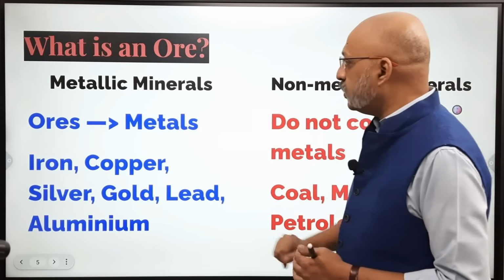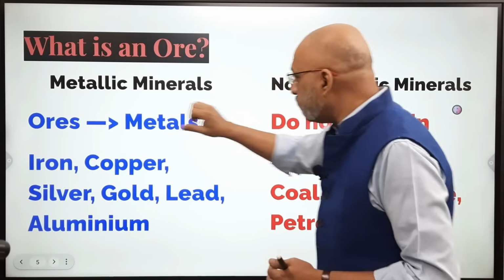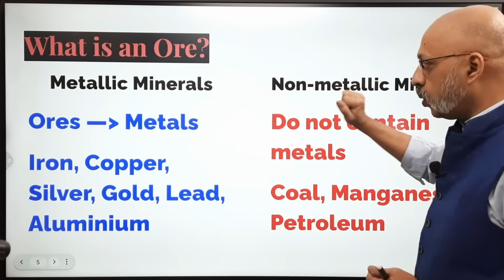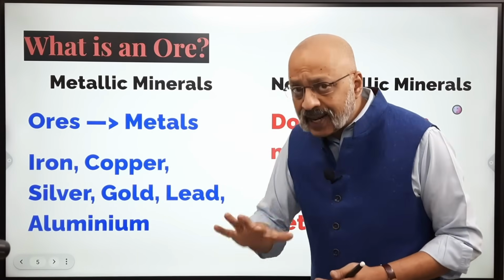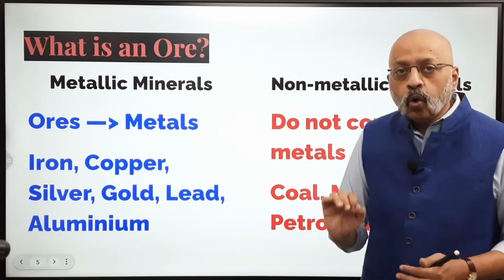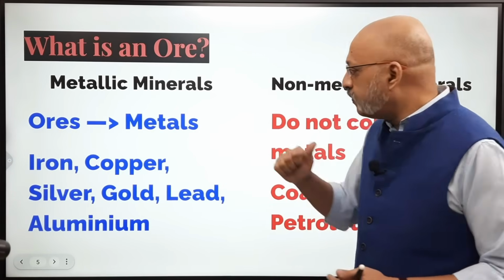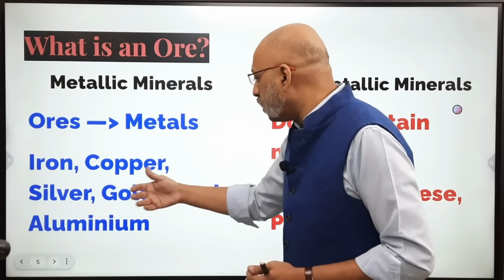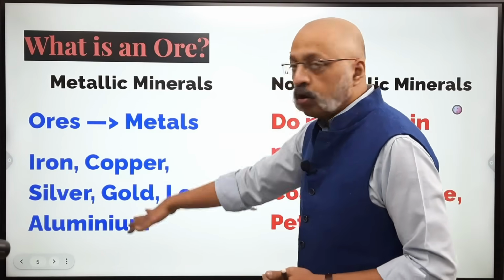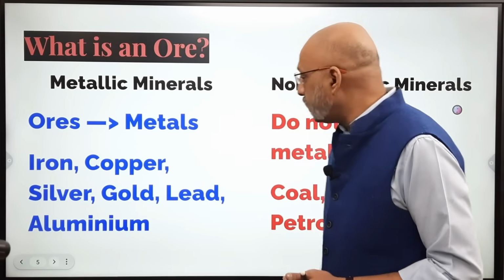So that is as far as an ore is concerned. Please remember this definition. Then there are metallic minerals and non-metallic minerals. Metallic minerals are ores from which we get metals. So you have iron, copper, silver, gold, lead, aluminium, all of which fall in the category of metallic minerals.